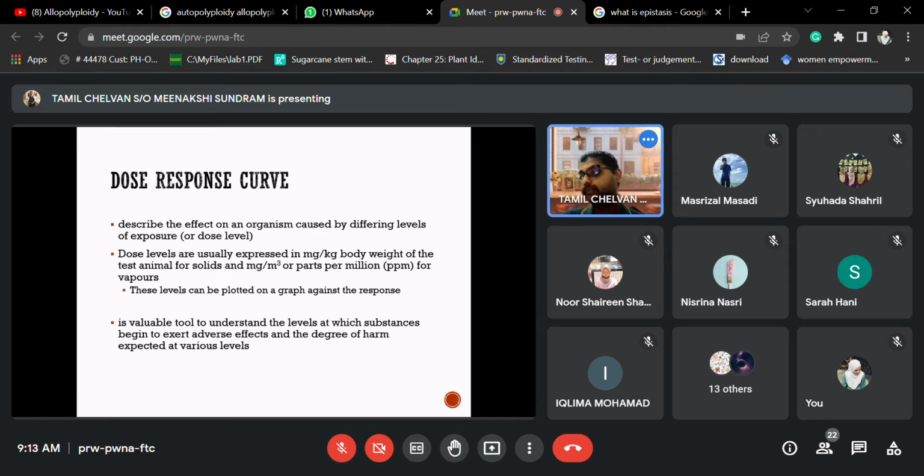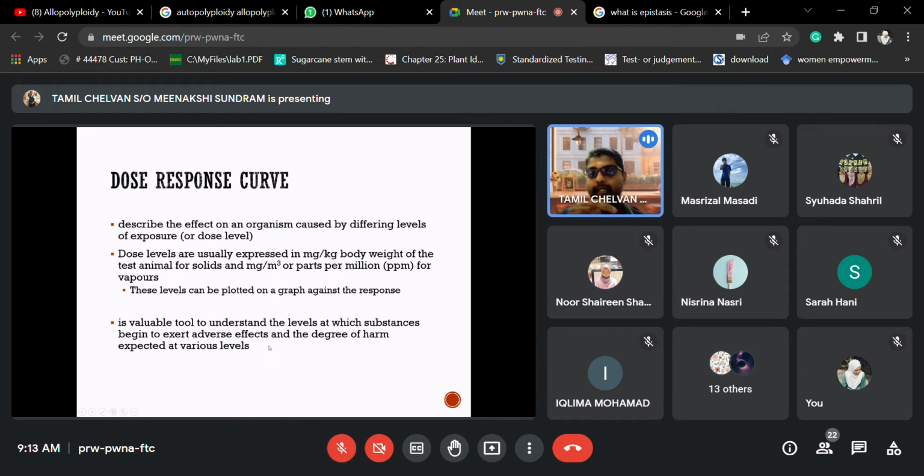If it's a solid medicine lah. Kalau it's a vapor kind of medicine like essential oils, they use milligram per meter cube, or parts per million. This level can be plotted on a graph against a response. Dose response curve is a valuable tool to understand the level at which substances begin to exert adverse effect.